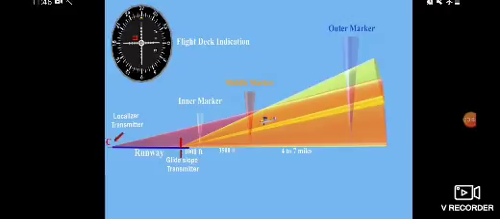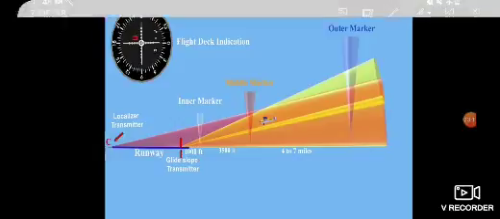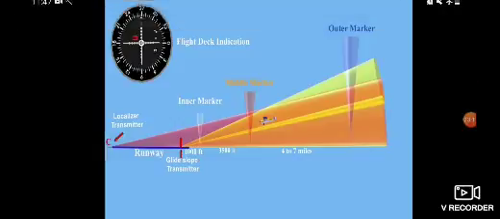So the outer marker is going to be having a larger height when compared with the middle marker. The middle marker is having a normal height.